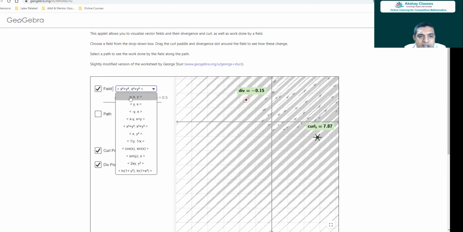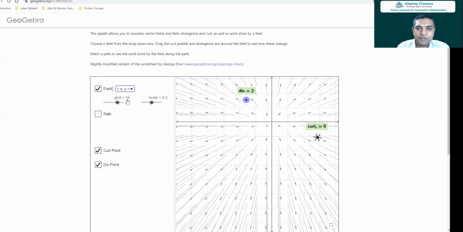What is this? This is f of the function i, j. This is a vector field. It's two-dimensional. We are not going three-dimensional. So this is x squared plus y squared i cap, x squared plus y squared j cap. Now there is x i cap plus y j cap. This is the vector field, x i cap plus y j cap.